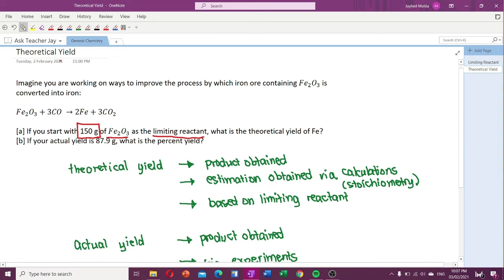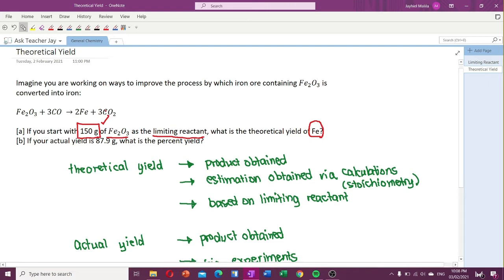That is why that will be our basis, because if we exhaust all 150 grams of Fe2O3, what is the expected amount or the yield of Fe that we're going to get at the end of the chemical reaction? Of course, we're going to do stoichiometry starting with the value of 150 grams of Fe2O3. So let's answer that one first.